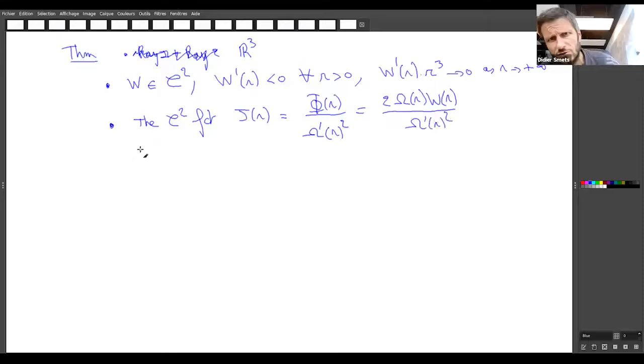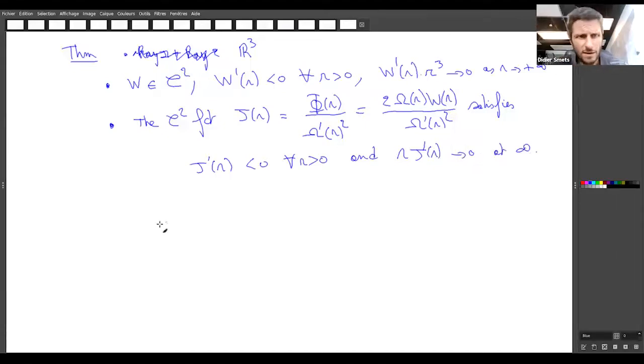So this is a further assumption that we need. And we assume that this function is decreasing, satisfies that J prime of r is negative for all r positive, and J prime of r tends to 0 at infinity.